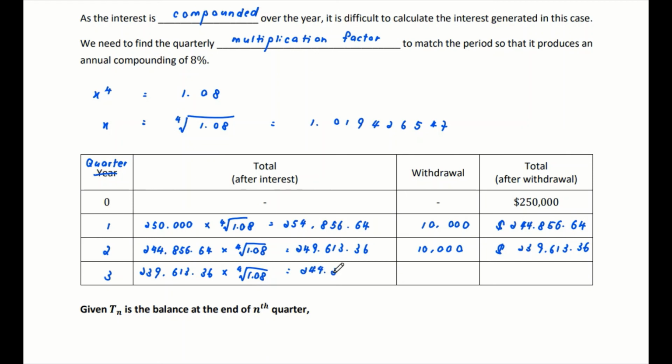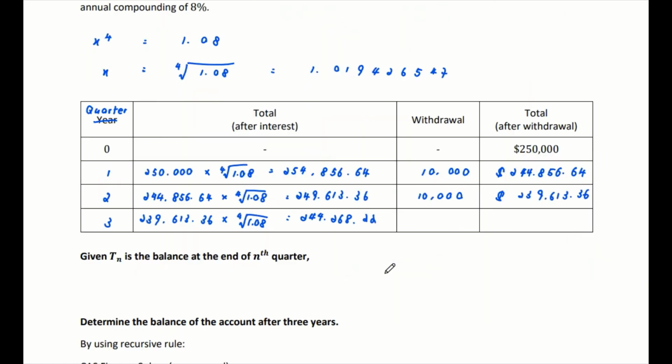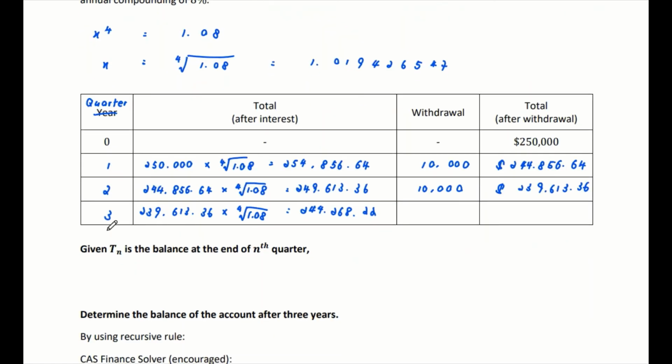Okay, by looking at this, I hope that you can see the idea where you can try it out in your calculator. When you do it the 4th time, you can imagine that you are multiplying the 4th root of 1.08 for 4 times already. So when you do this in your calculator, you multiply it by itself 4 times, which is power 4, then you get back to 1.08.